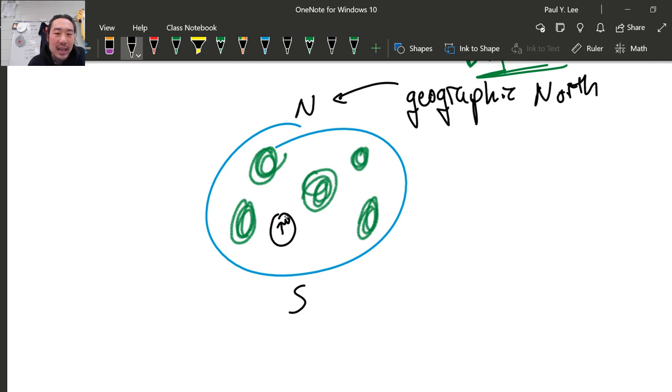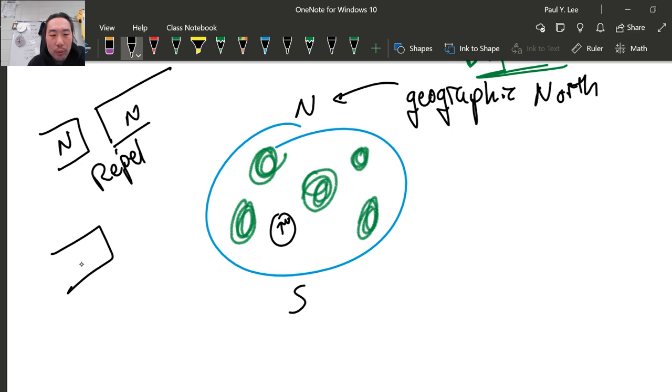So this north side cannot be attracted to the north point of the magnetic field there, because much like the fundamental charges, like charges repel, so like poles also repel. For example, if you have a north side here and a north side here, this is a repel. But if you have a north side and a south side, these will attract.